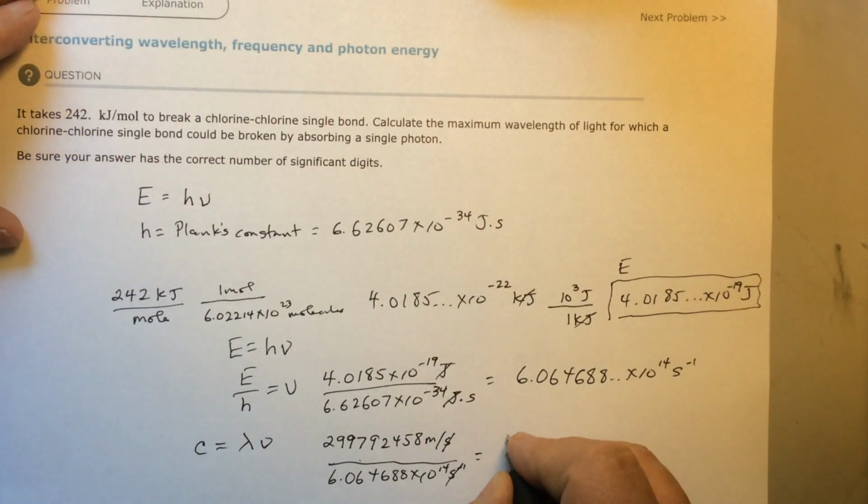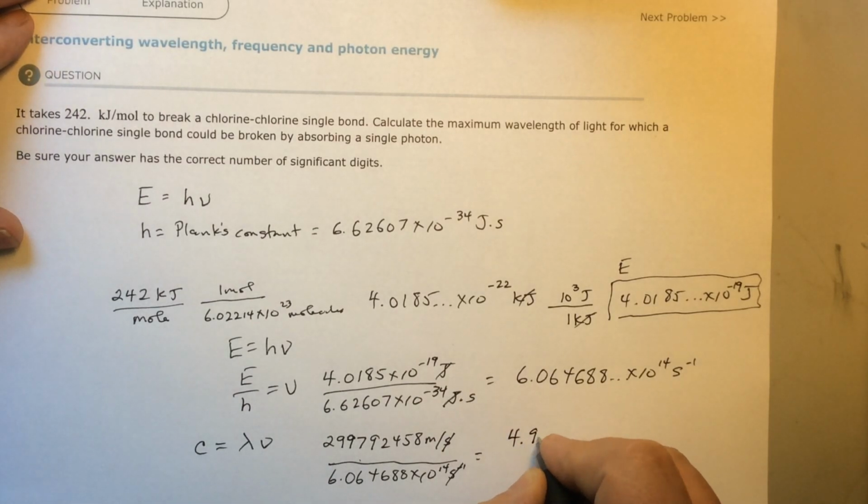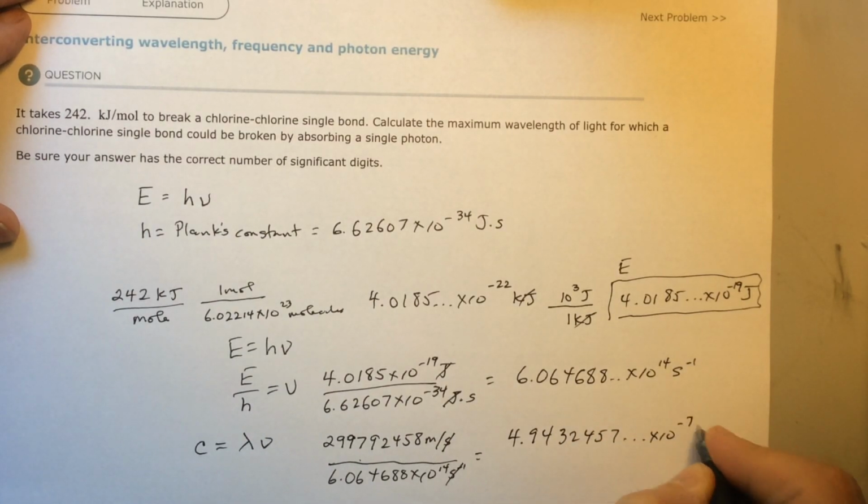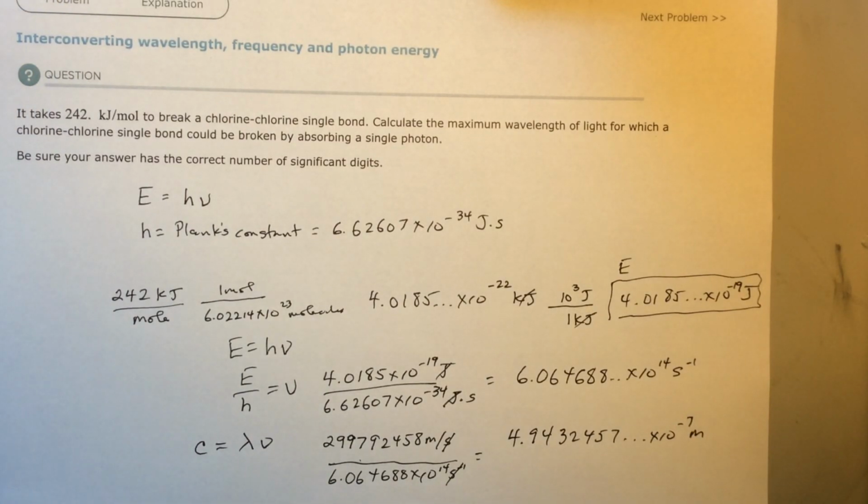I get 4.9432457 whatever times 10 to the minus 7 meters. I'm not going to have something this tiny in meters. You don't have something with 7 or 8 zeros in front.